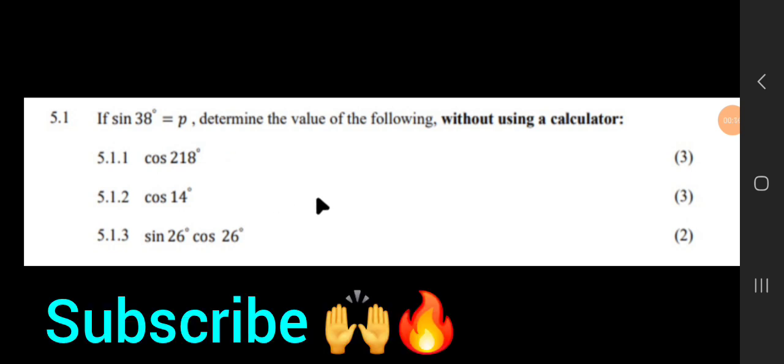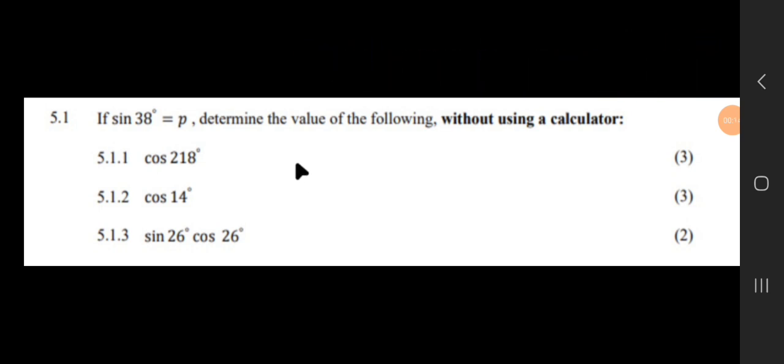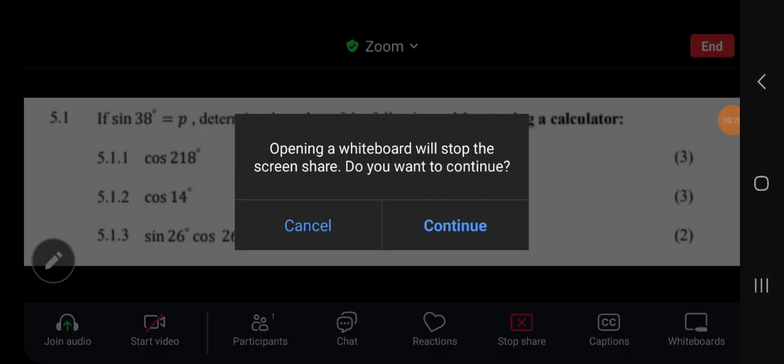And as we move forward today, we are going to look at an interesting question, which is still based off of trigonometry. Let's see what we can do with this question.